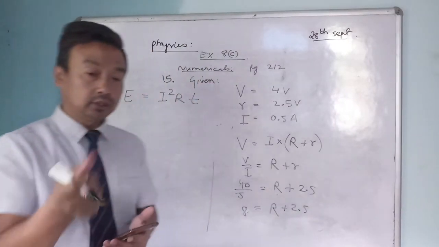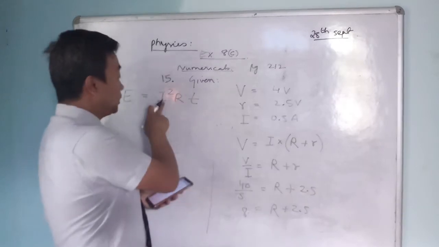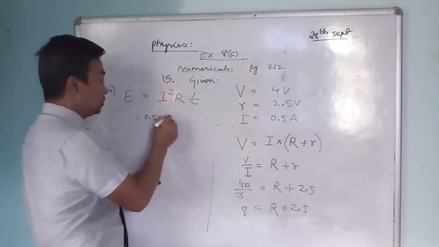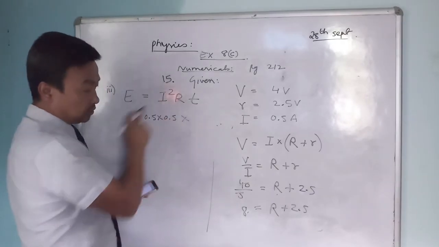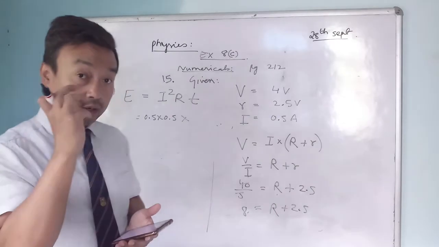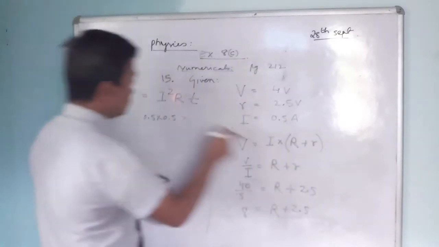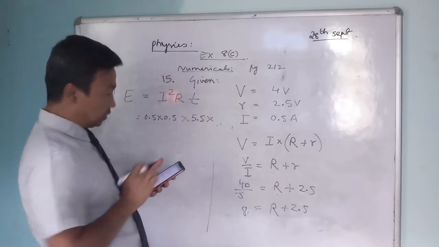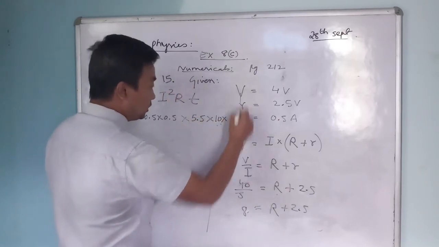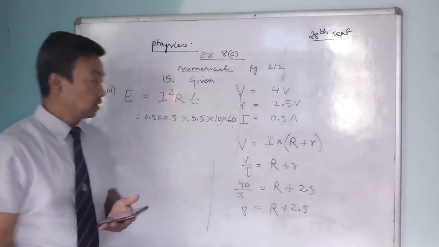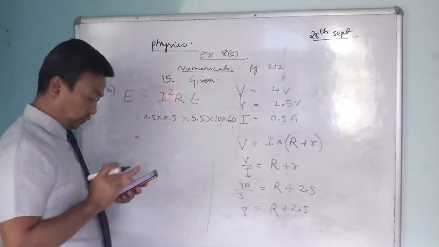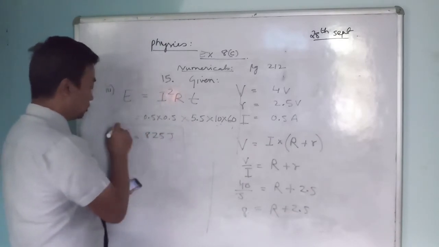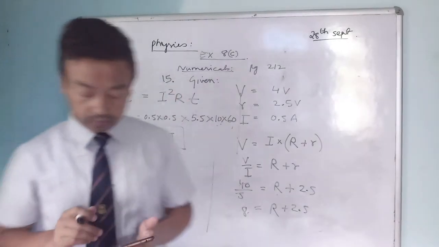Either from the bulb or the cell, there is one current flowing, which is 0.5, so 0.5 into 0.5. For the resistance, we use only the bulb's resistance, which we got as 5.5. And for how long is it flowing? 10 minutes. Please change that into seconds. After doing this multiplication, you will find the answer comes as 825 joule. So this will be your energy.